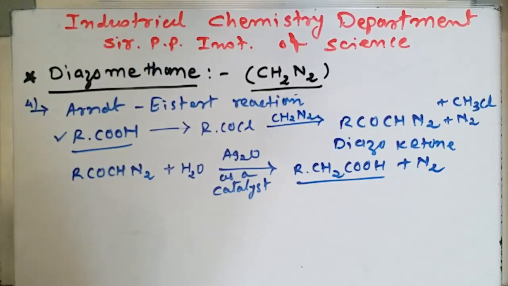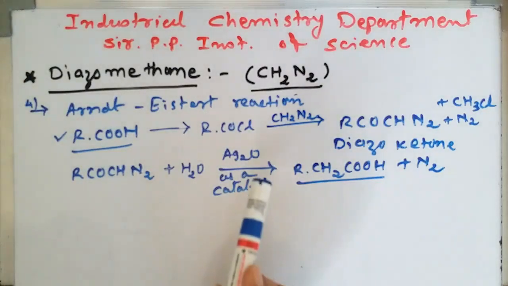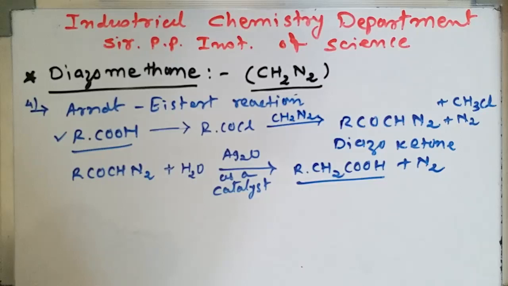In this synthesis, it must be noted that in the absence of catalyst, here we use Ag2O as catalyst, and in the presence of water and formic acid, the diazoketone produces hydroxymethyl ketone instead of acid.